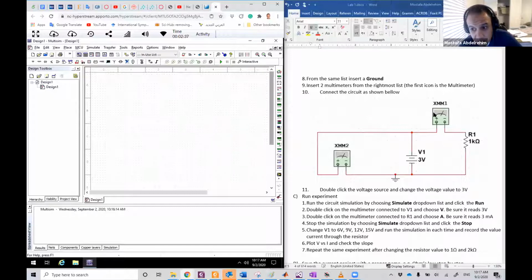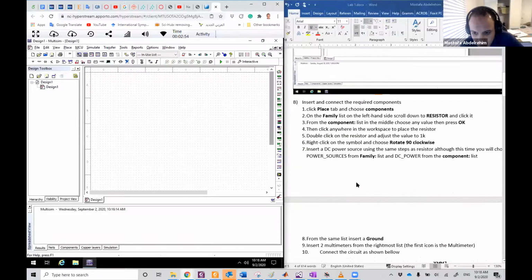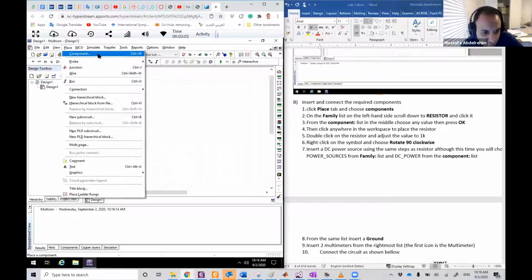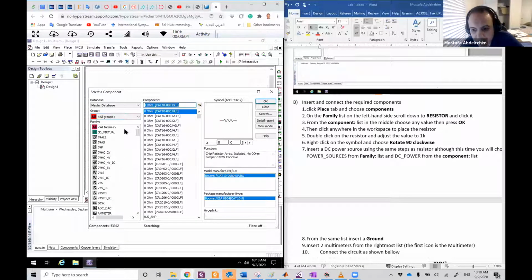Here is another multimeter, but this one will behave as an ammeter, so I set it to measure current. This one is set to measure voltage. And we have here a resistor, which is 1 kilo. So let's construct this. You click on place and choose component, and I'm just following the lab manual with you. So in the family list, as you see here.